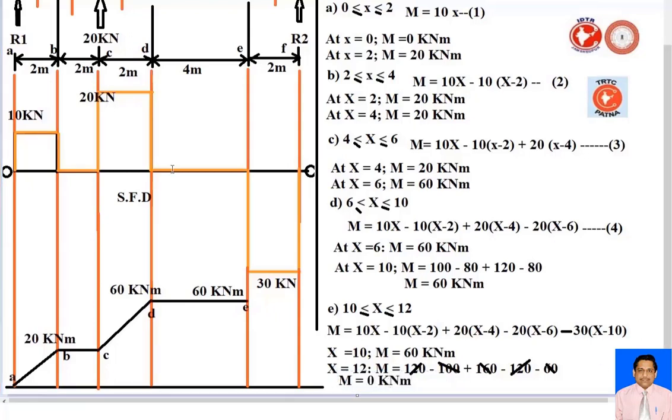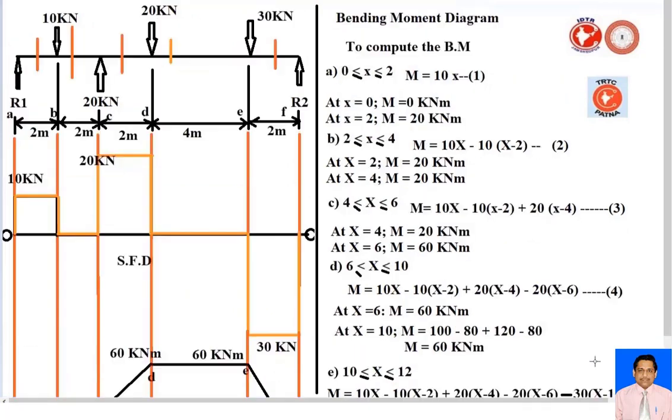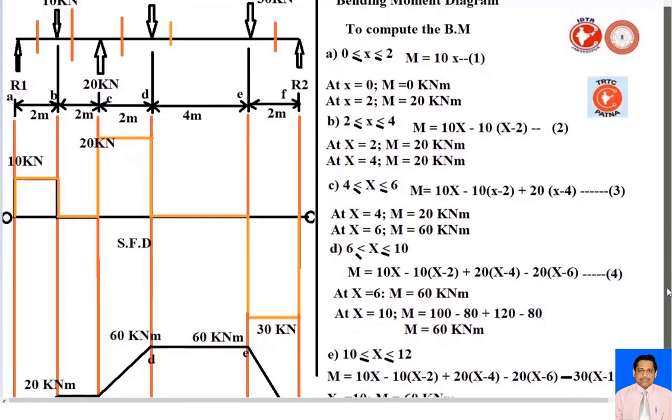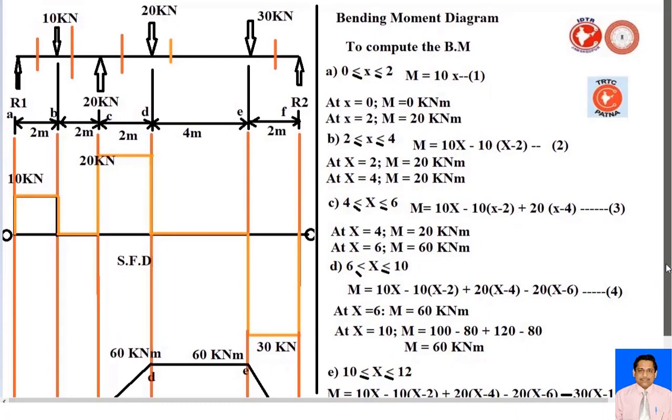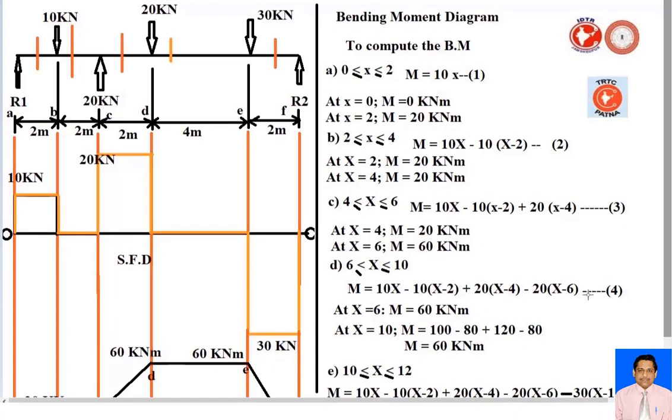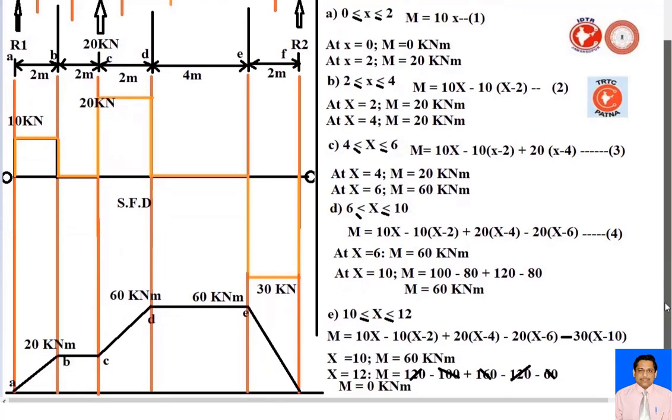So you must draw another line from E to F, where the moment will be 0. This is the technique: compute the values in this manner, and after completing this process you have to verify whether the problem is right or wrong.